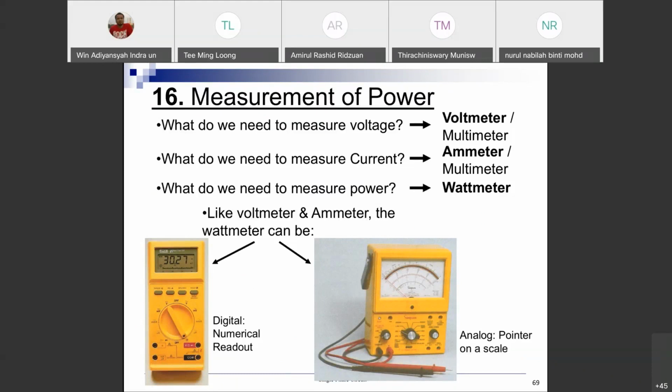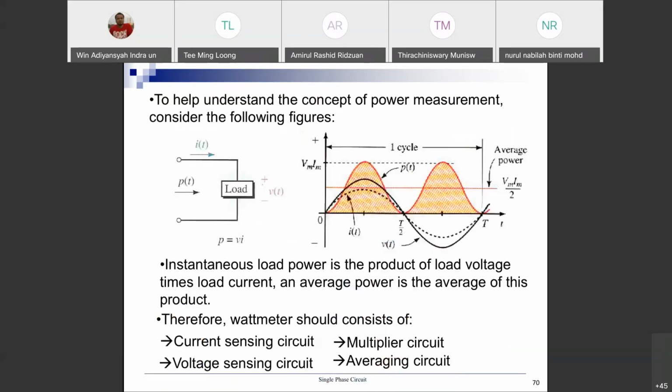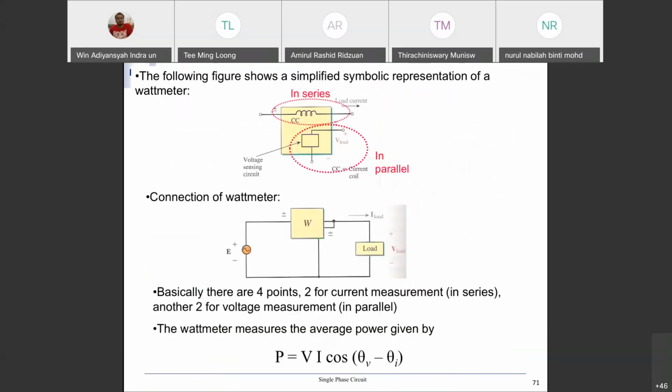How do you measure as ammeter? Okay. So in series, which one in series? Series is ammeter, parallel is voltmeter. Because multimeter can act both as ammeter and voltmeter, right?